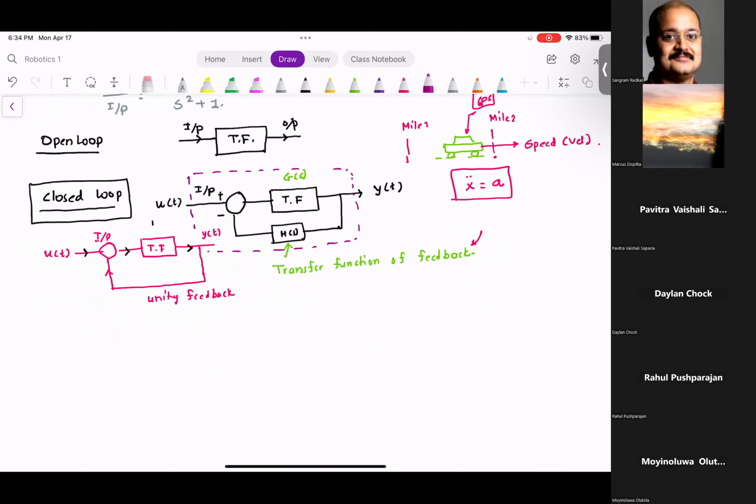So u of t is coming in. Then here you get y of t, y of s. Y of s gets multiplied.